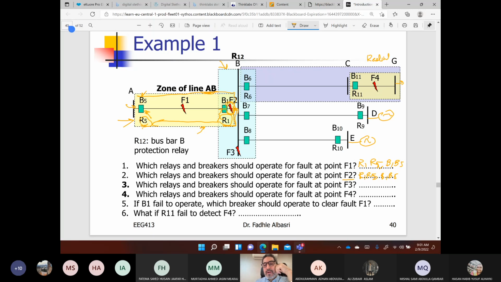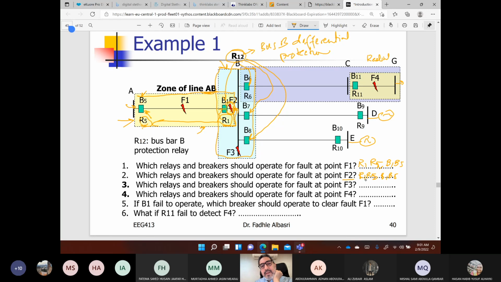But also this relay, which is the busbar differential protection. Its purpose is to detect any fault within this busbar zone, and F2 is also within the zone. So what this relay does, for any fault within this zone, is give a command to this breaker, to this breaker, to this breaker, and to that breaker too.